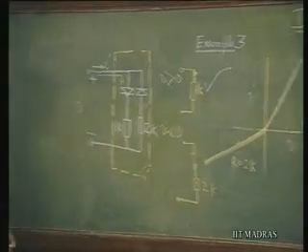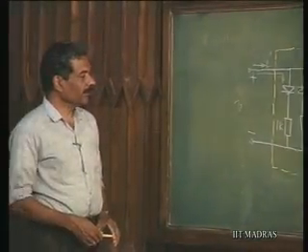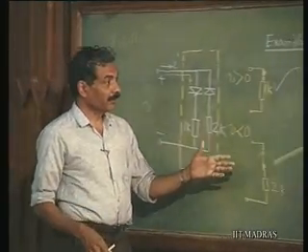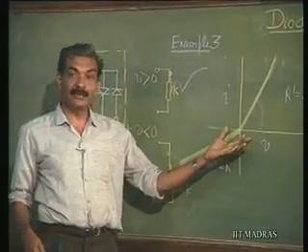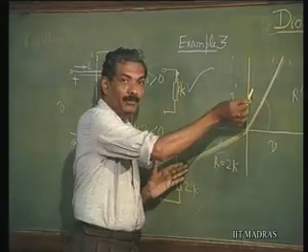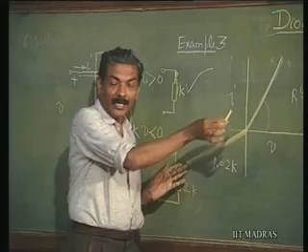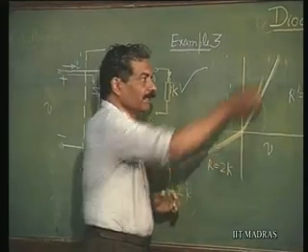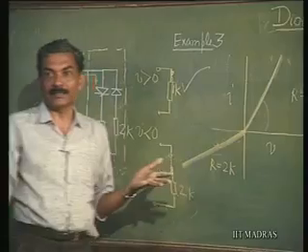So, in the next class we will see how this concept of synthesis, now this is synthesis, I just can get the slope I want by putting the resistance I want and making the diode conduct whenever I want, so that I can make these piecewise linear characteristics whatever characteristics I want.